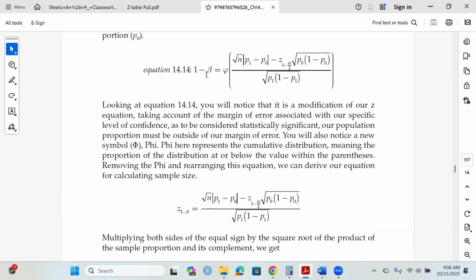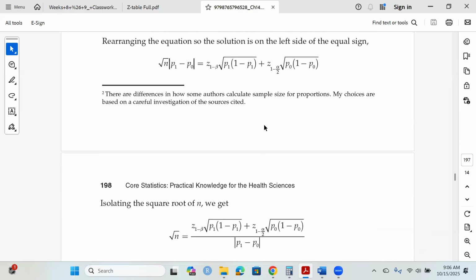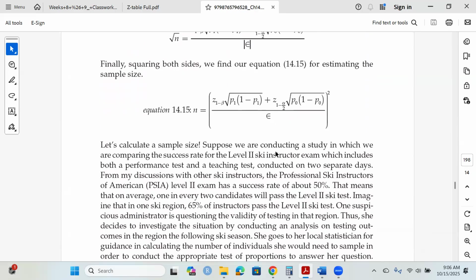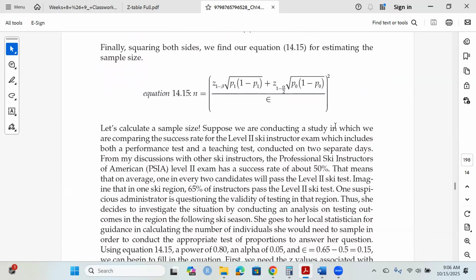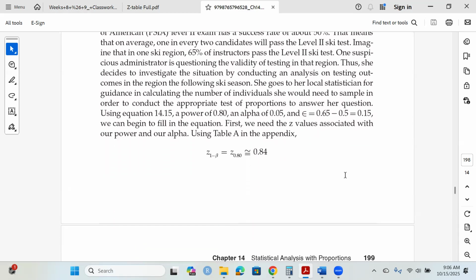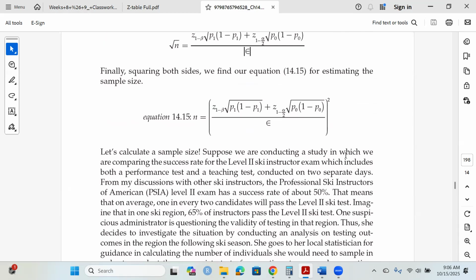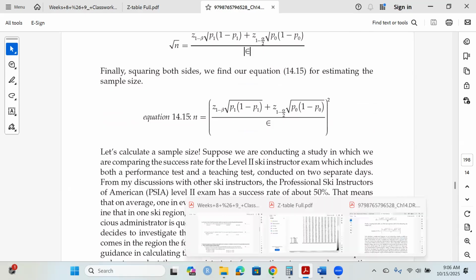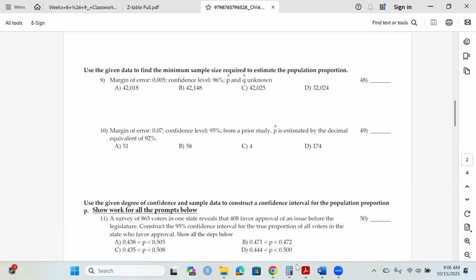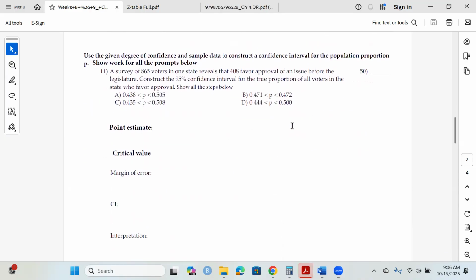Beta is the probability of a type 2 error, which is the complement of power. So I derive this equation for calculating the sample size. So I did this and I was getting smaller values. So I'm not really sure what she was doing, and I couldn't just figure it out. But you can certainly look at my equations, which are correct. So I'm not 100% sure what she wanted there.